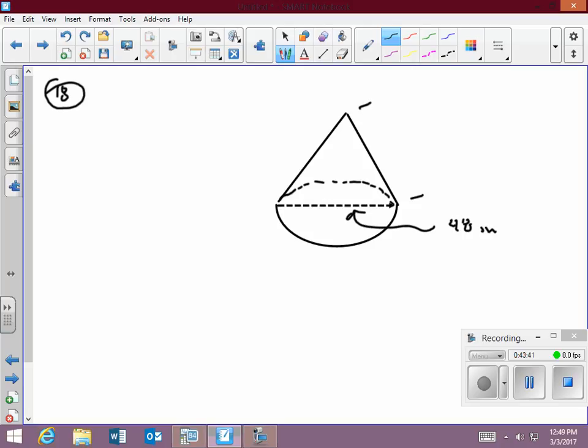And then this distance right here is 40. Okay. There's the formula back there. The surface area of a right circular cone. It's on 150.